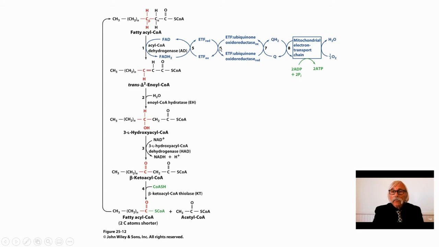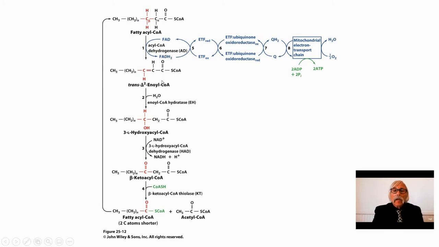So this is where the electrons are moving to a quinol pool and ultimately into the electron transport chain, which we've talked about at great length recently. And you can synthesize 2 ATP directly from that FADH2, right? It has the electrochemical potential to generate 2 ATP from the very beginning of the beta oxidation pathway, okay?